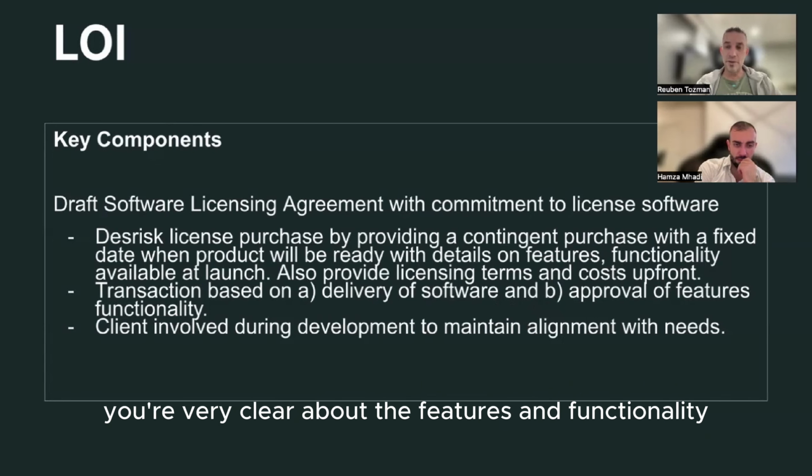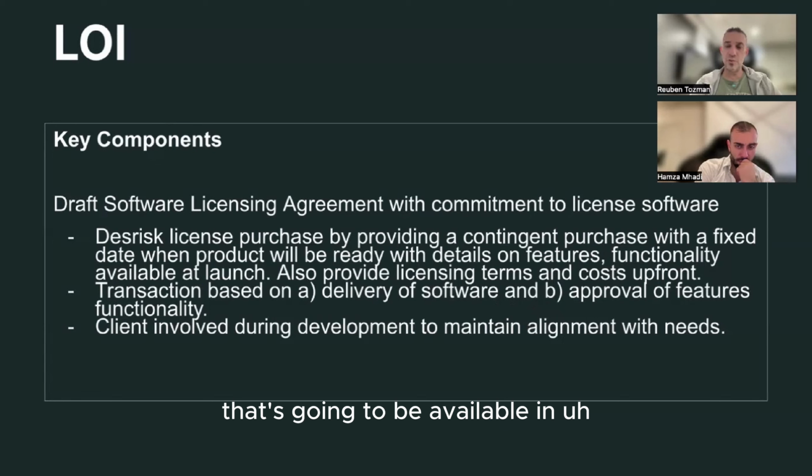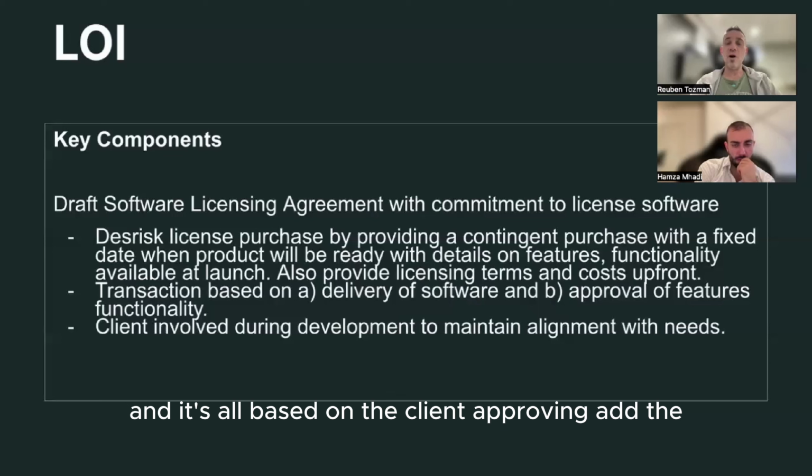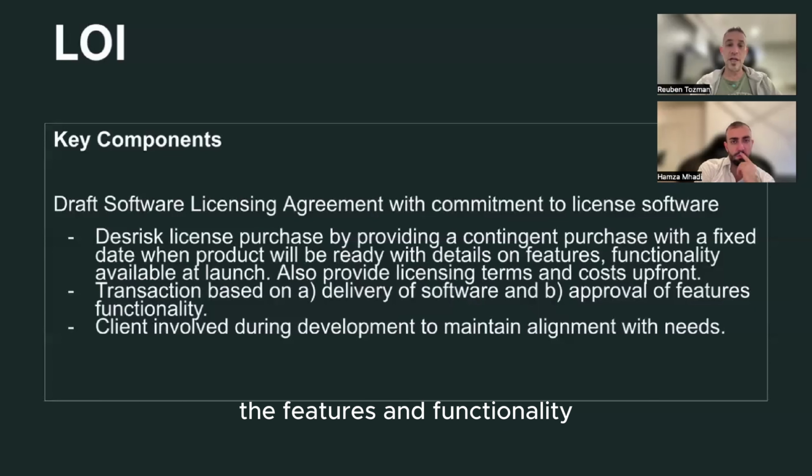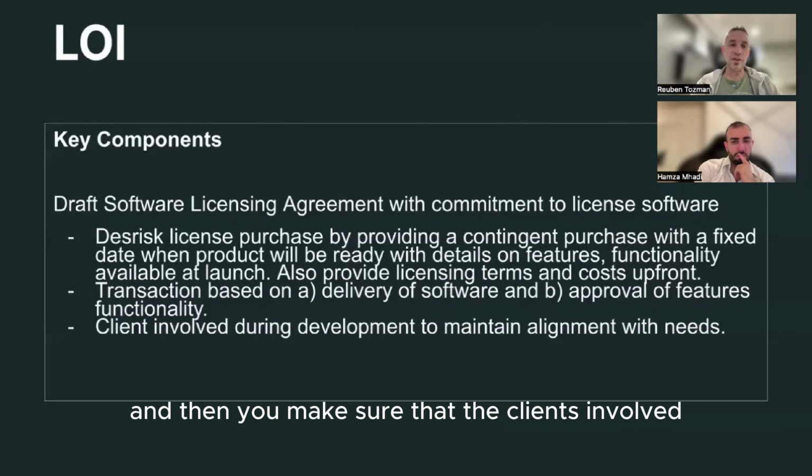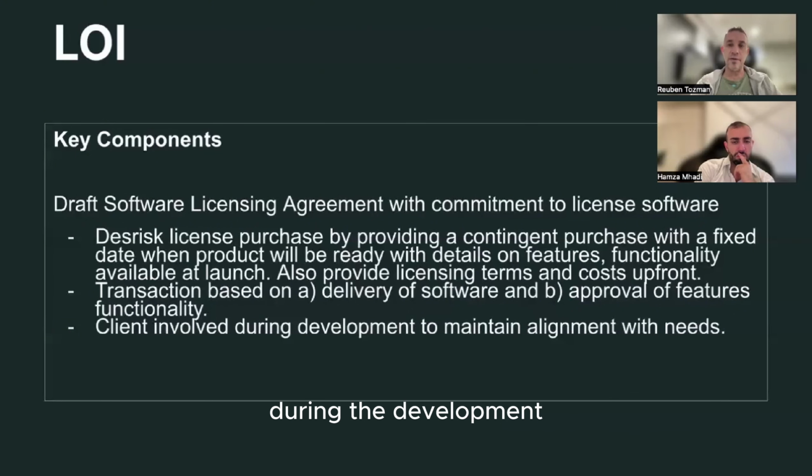You're very clear about the features and functionality that's going to be available in the licensing agreement, and it's all based on the client approving them. Then you make sure that the client's involved during the development, so that there never is a misalignment with what they need, and you're de-risking the idea that you build something and they walk away.